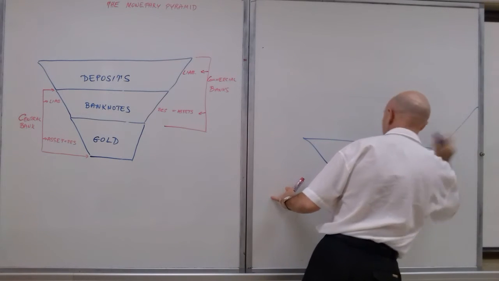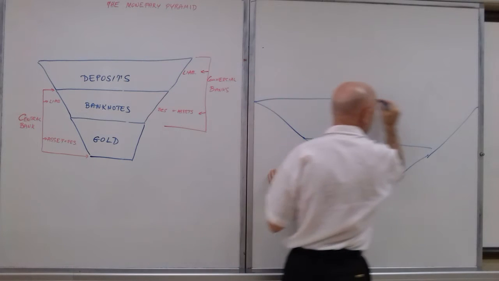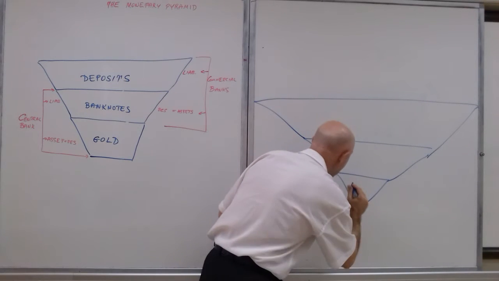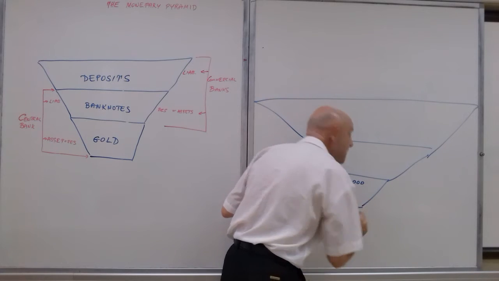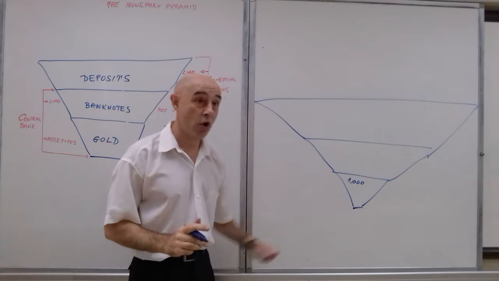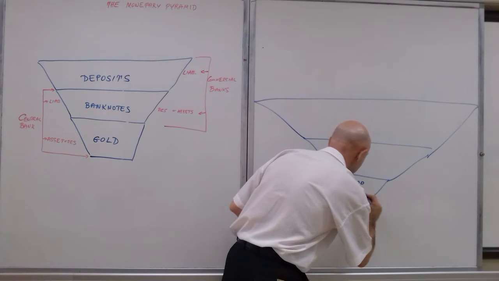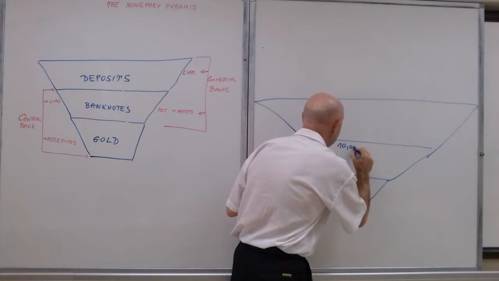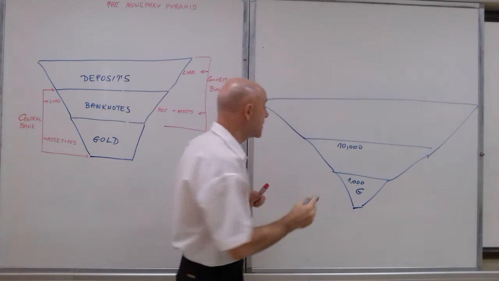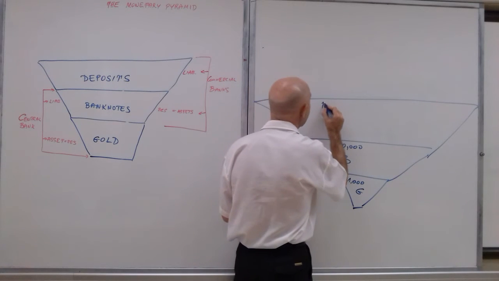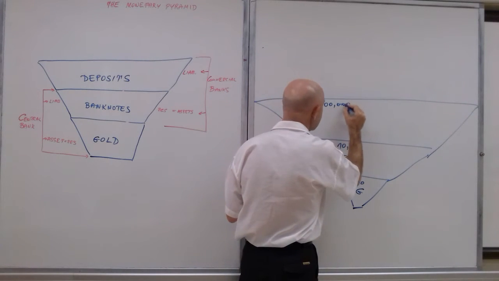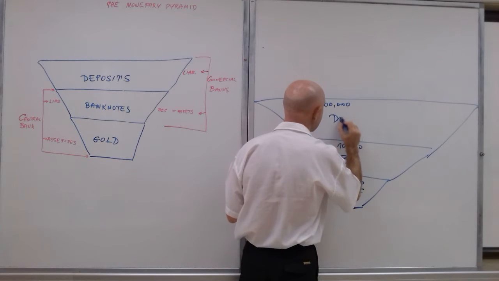And then like this. We're going to have only, let's say, 1,000 units of gold. You're going to have 10,000 units of banknotes. You're going to have 100,000 units of deposit.